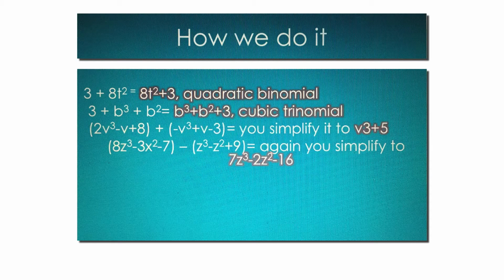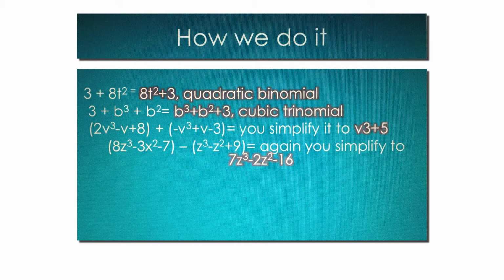3 plus 8t squared is simplified to 8t squared plus 3. Since the 8t has the 2, we have to put it first so it's in standard form, and that's a quadratic binomial. And the second one comes out to be b cubed plus b squared plus 3, a cubic trinomial.